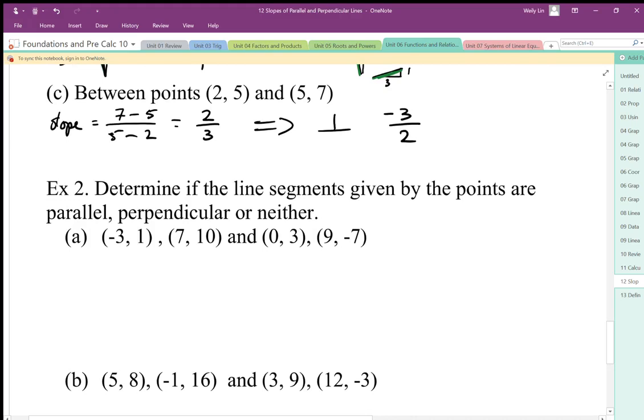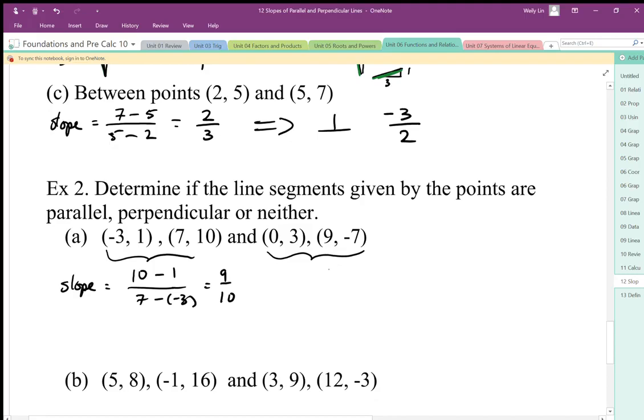So we can check to see if this line segment here and this line segment here are parallel, perpendicular, or neither, by just comparing the slopes. The slope here is going to be the change in y over the change in x. So here I get 9 over 10.